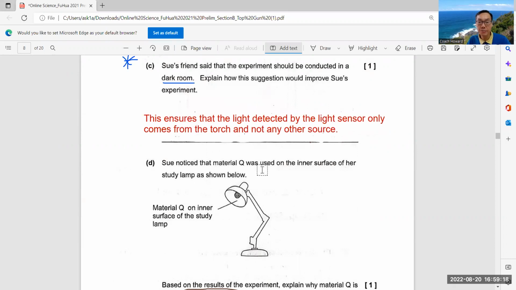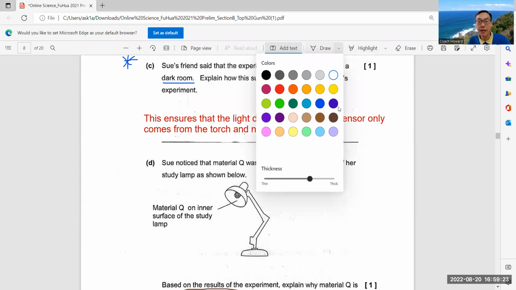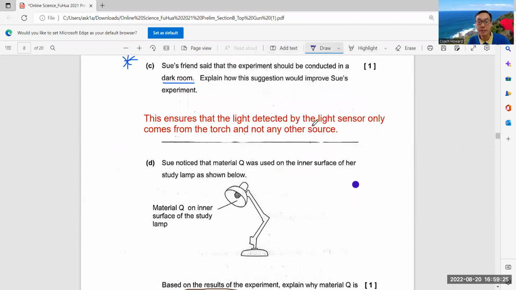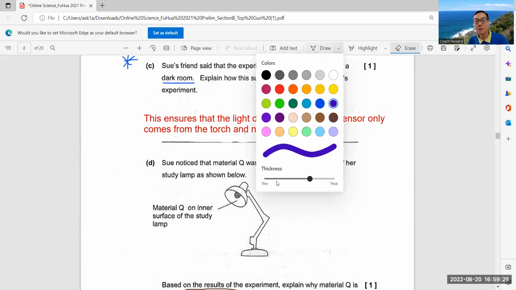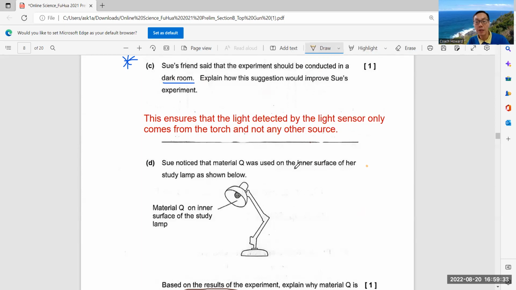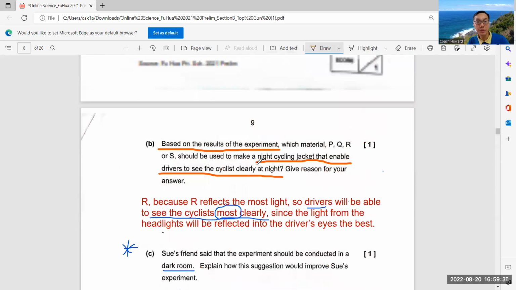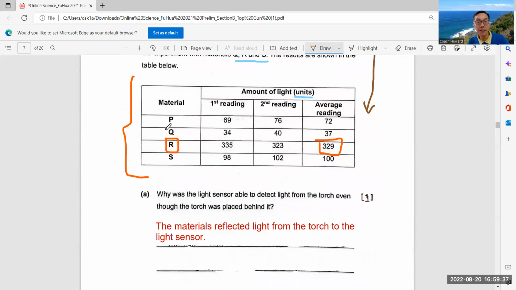Sue noticed that material Q was used on the inner surface. So now you highlight this part. Material Q is used on the inner surface. Look at material Q: notice the reading is the lowest, it's 37, so you take note, Q is 37.